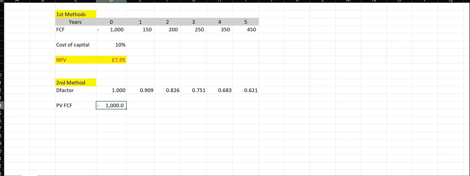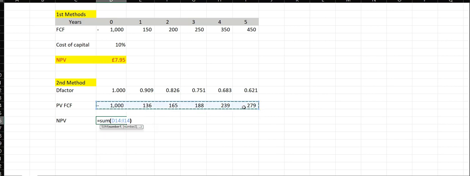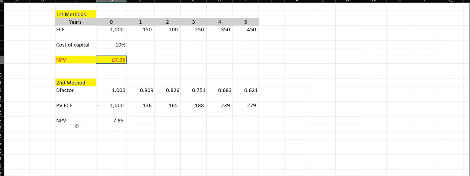Then we can drag this so that it will take 150 times 0.909, 200 times 0.826. Likewise, you will get the total cash inflows over 5 years. Now you take the net present value, which is the sum of all the cash inflows and outflows, so that you can see it is the same as above, 7.95. So this is the answer.